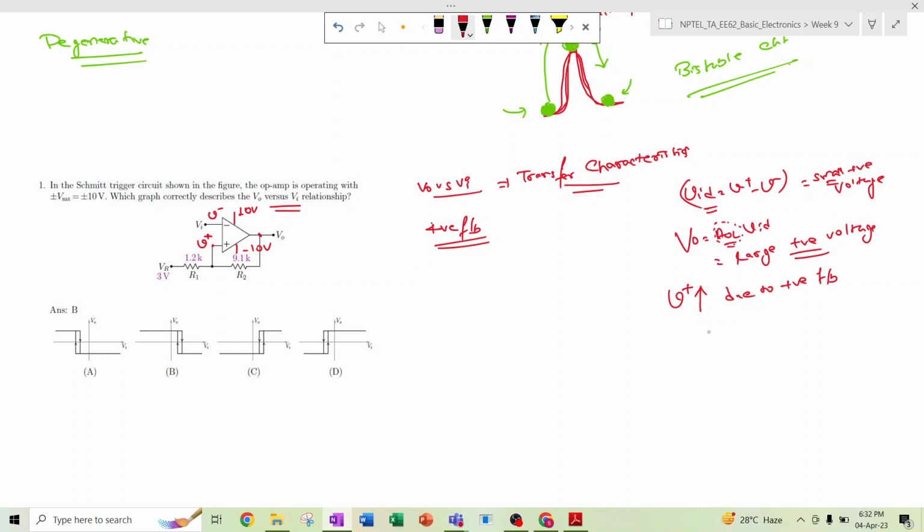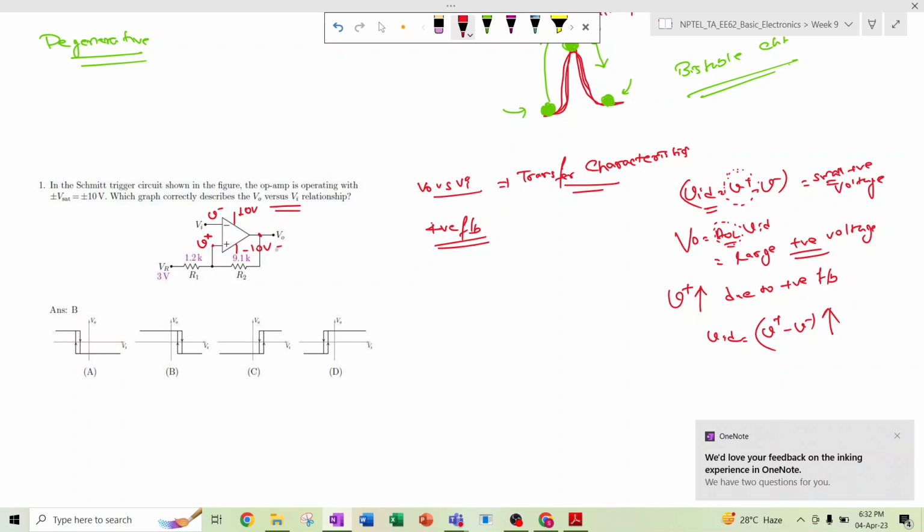So this Vid equal to V plus minus V minus also increases, because V plus has now increased. How is it increased? Earlier V plus is now being added with the amount of feedback from the output. Now V plus is the earlier V plus plus the output Vo times R1 divided by R1 plus R2, that is, a certain amount of feedback.